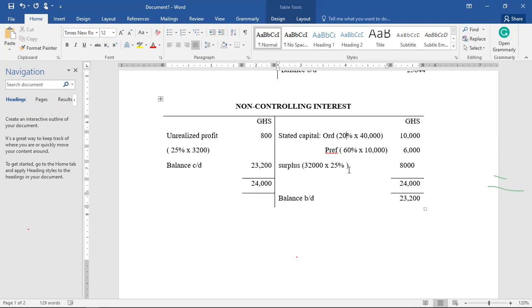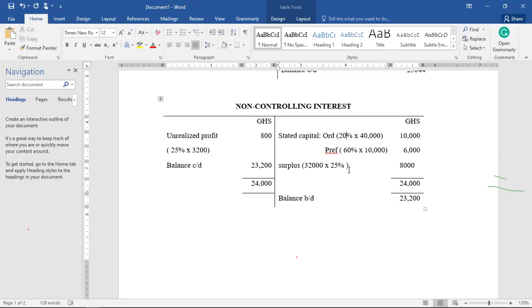Take note. When we were preparing the consolidated profit and loss last week, we could see that when we get the total profits and we want to know the share of the minority profit, we took the profit after tax of the subsidiary and multiplied the minority share on it to get the minority share of profit.